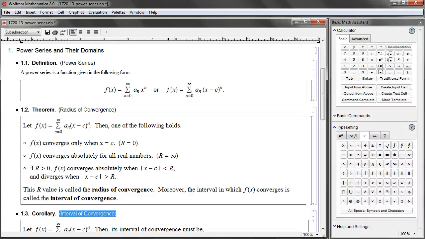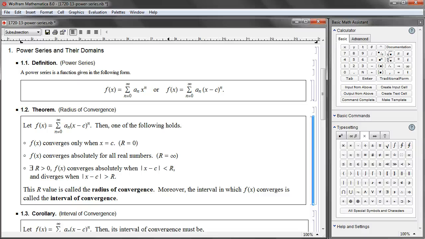As a matter of fact, that's what Theorem 1.2 is all about. It certifies that the domain of the power series function is an interval centered at c, and also it introduces a concept called the radius of convergence.